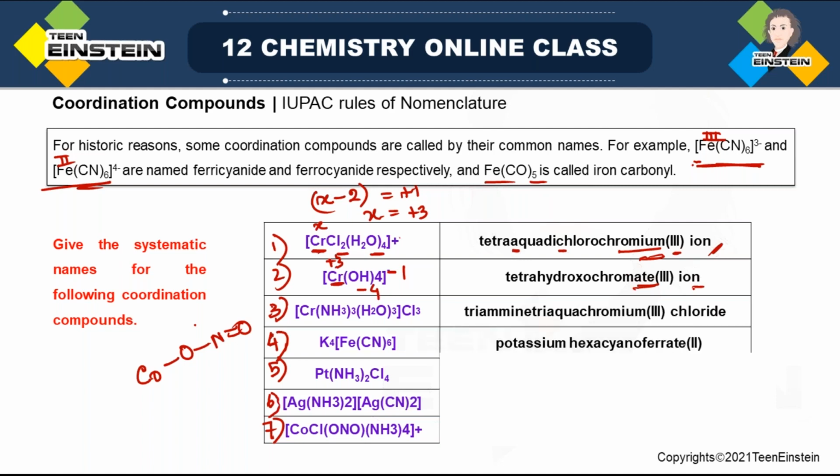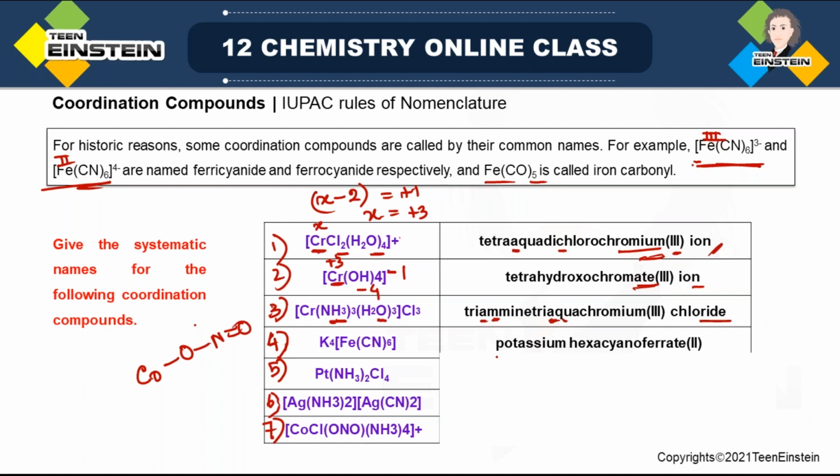Then the third one: first ammine is mentioned, then aqua, because this is A, this is A. Then how will you decide? Just go to the next alphabet, M, Q. M comes before Q. So that is why triammine, then triaqua, then chromium with its oxidation state 3, and ending with chloride, because chloride is the anion, and the anionic part always ends with IDE, not chloro, chloride.